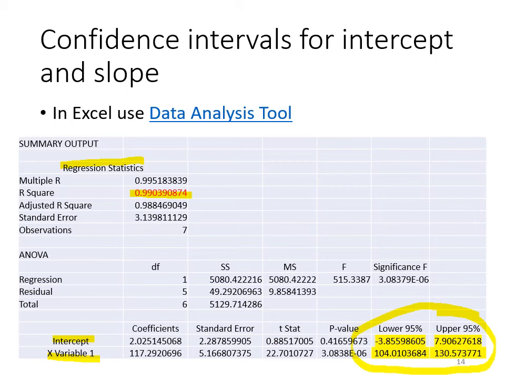What that means is that if we were to run this any random set 100 times, 95 times we would obtain a slope that would be between 104 and 130.6.